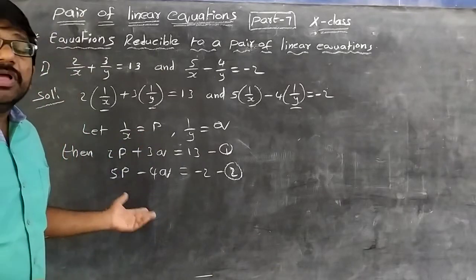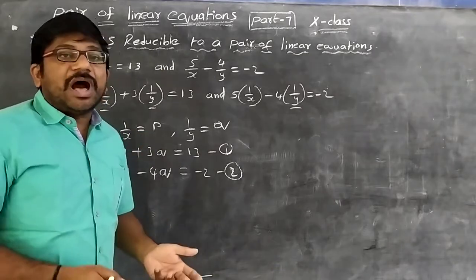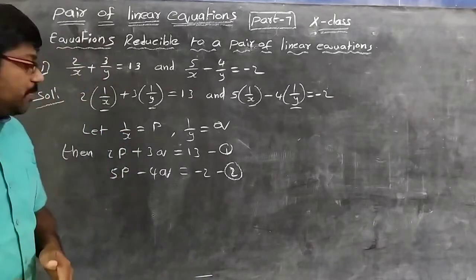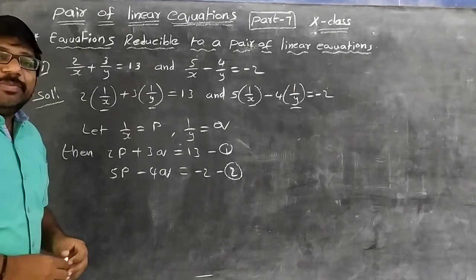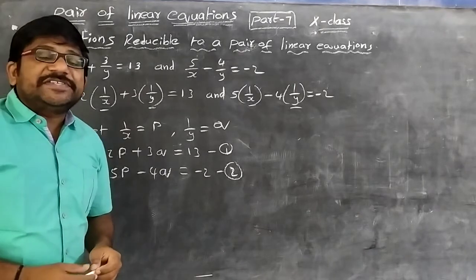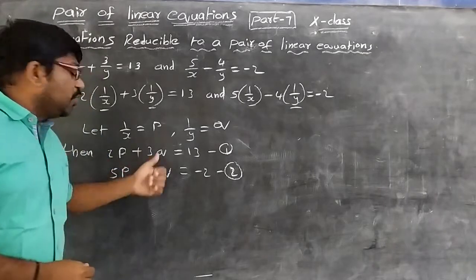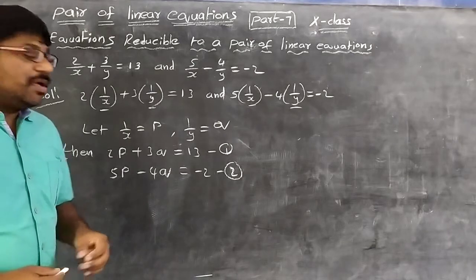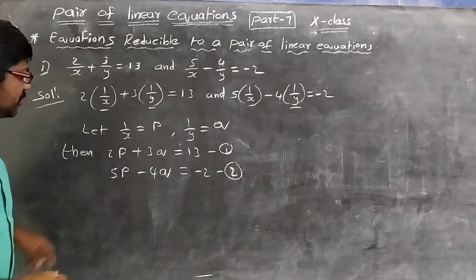Now we can solve by using the elimination method or the substitution method. So we use the elimination method. In the elimination method, first we have to make the coefficient of p or q numerically equal by multiplying with a suitable real number.